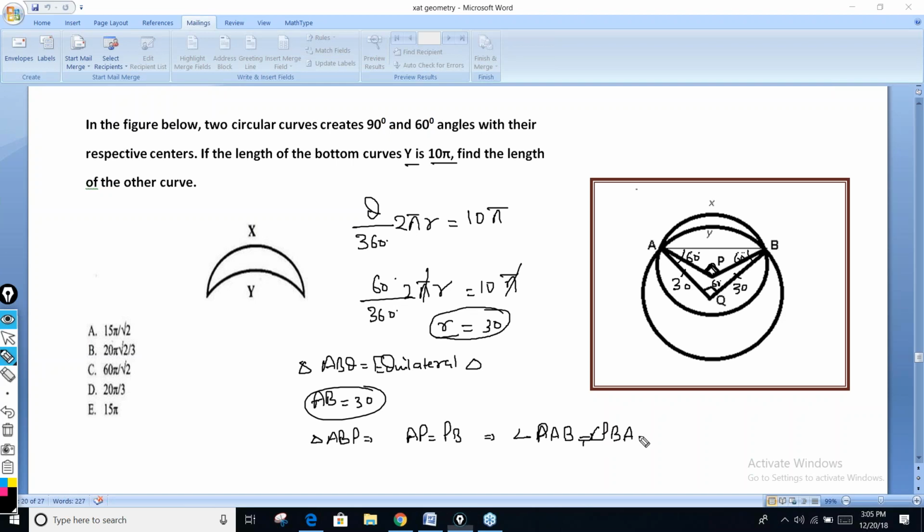Both angles will be 45 degrees. Now, if you know the relation between the 45-degree and 90-degree angles, the side ratio is 1 is to 1 is to root 2.